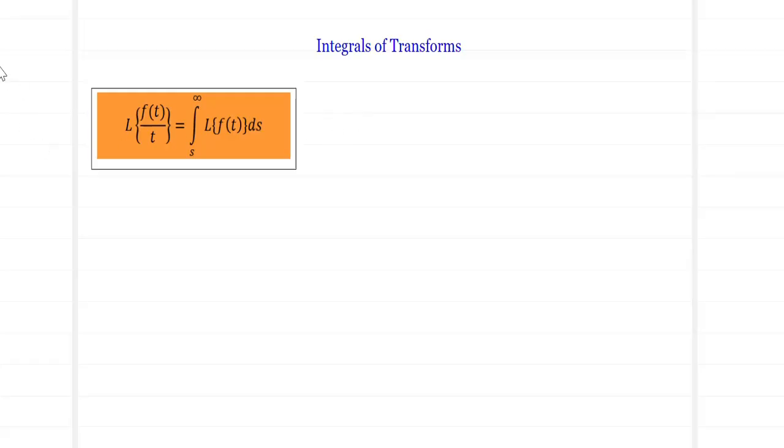Okay, let us find the Laplace transform of sin t divided by t. By the property, what is my f of t? My f of t is sin t. So whenever there is a division by t, I have to replace this division by integration from s to infinity.